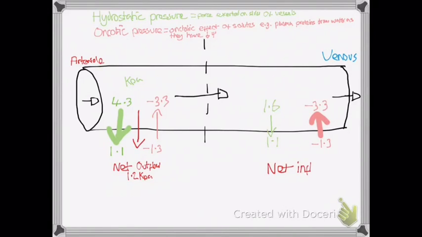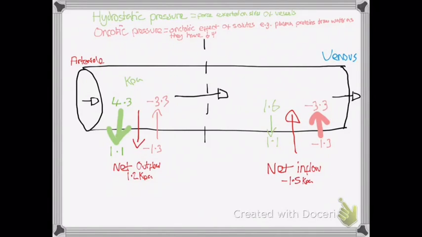So we've got blood plasma carrying all these waste materials at the venous end, and our net inflow is minus 1.5 kPa, kilopascals. So the plasma returns back into the blood at the venous end.